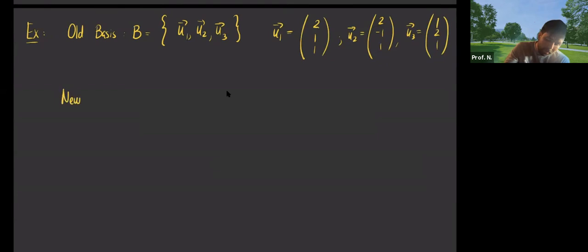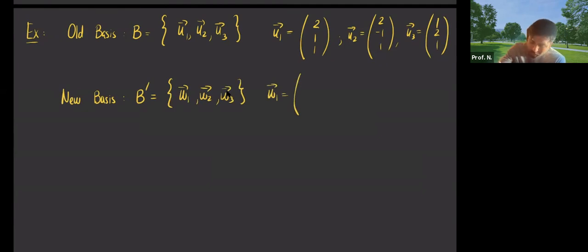The new basis is W1, W2, W3. My new basis has the vectors 3, 1, negative 5, a 1, 1, negative 3, and negative 1, 0, 2.